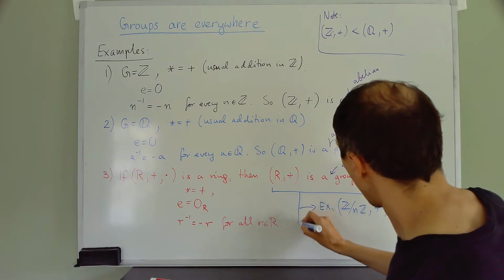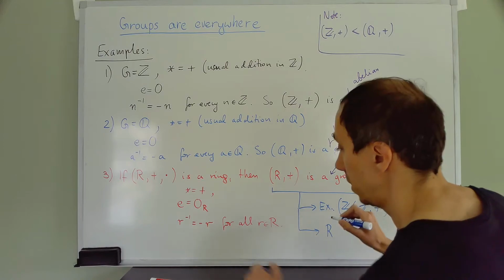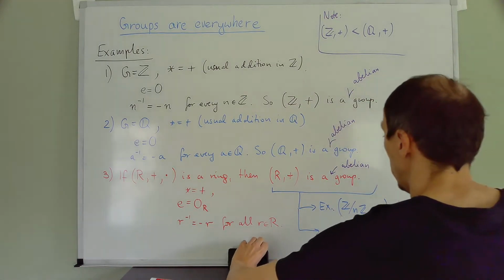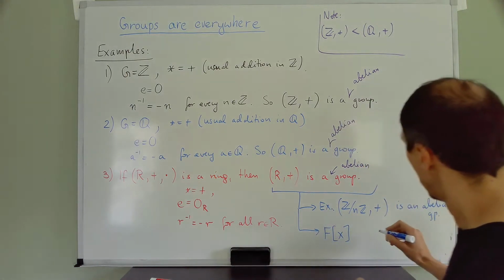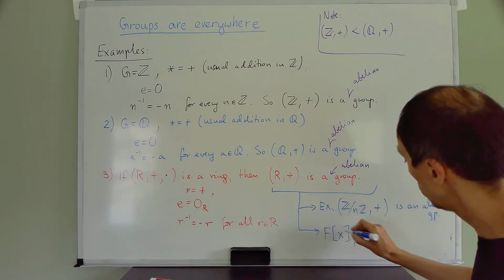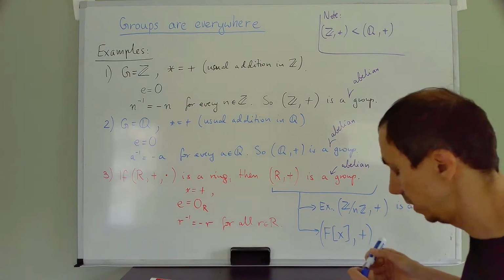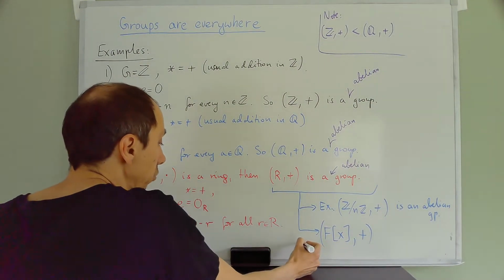What else? Maybe let's use F. F[x] with addition of polynomials. So let's say F here could actually be any ring. It doesn't have to be a field, right? It could be any ring.